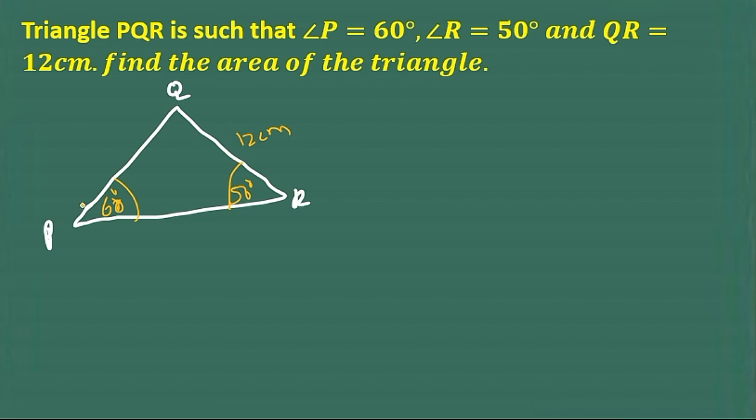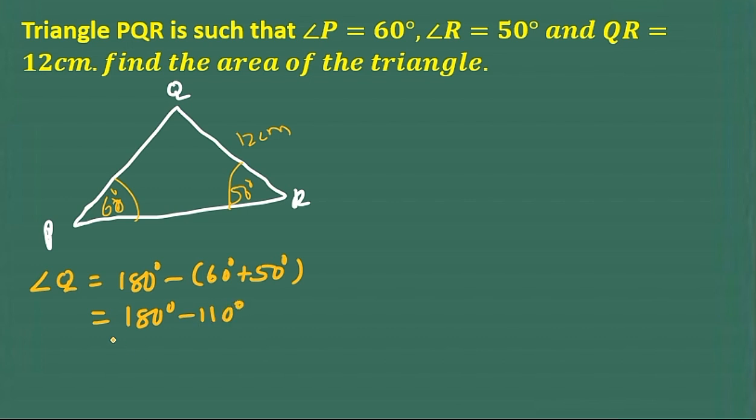We know that angles in a triangle sum up to 180 degrees. So let's find angle Q. We say that angle Q will be equal to 180 degrees minus 60 degrees plus 50 degrees. So this will be equal to 180 degrees minus 110 degrees, which will give us 70 degrees.